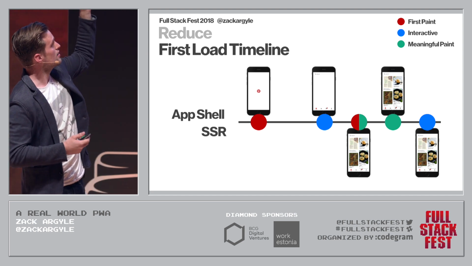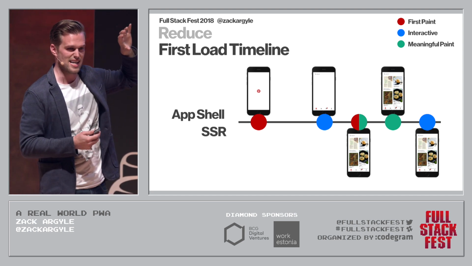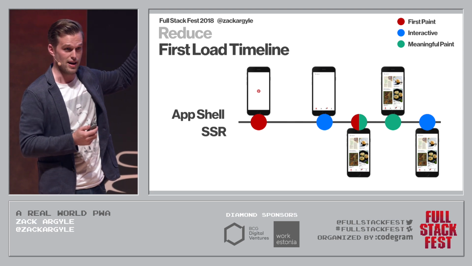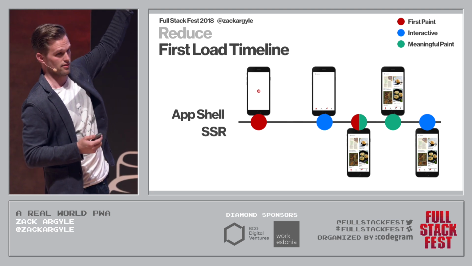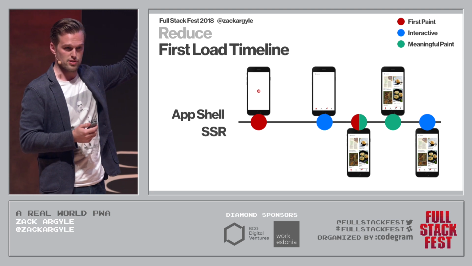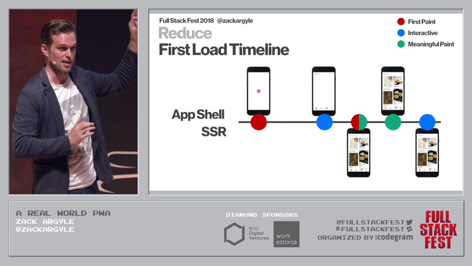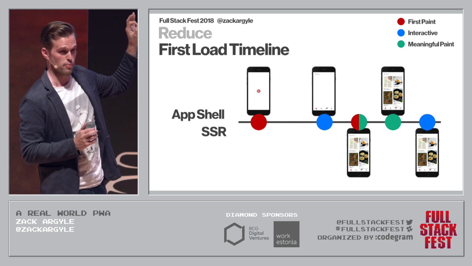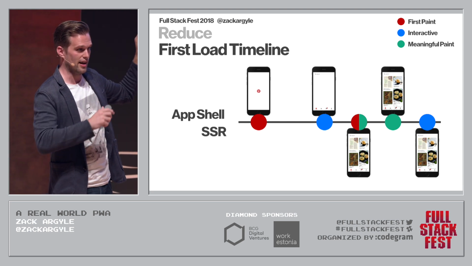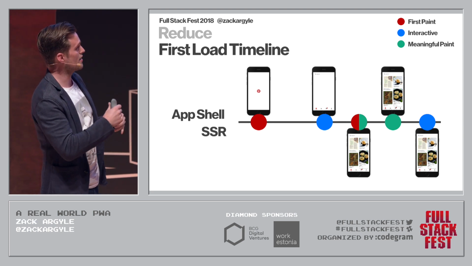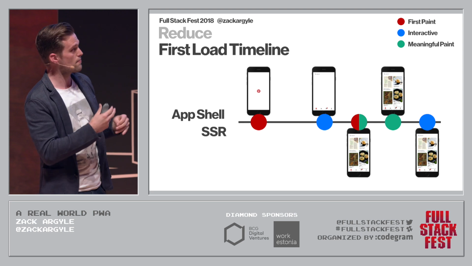The app shell is instead this static string that I'm sending, so I can send it really, really fast, and I can get something on the screen. That little logo, that's the Pinterest app shell. It's just this little thing. It's very fast to get up there. You see something immediately, so that first paint is really, really fast. And that starts the downloading of all of your JavaScript, so we get to do that way earlier than the server render does.